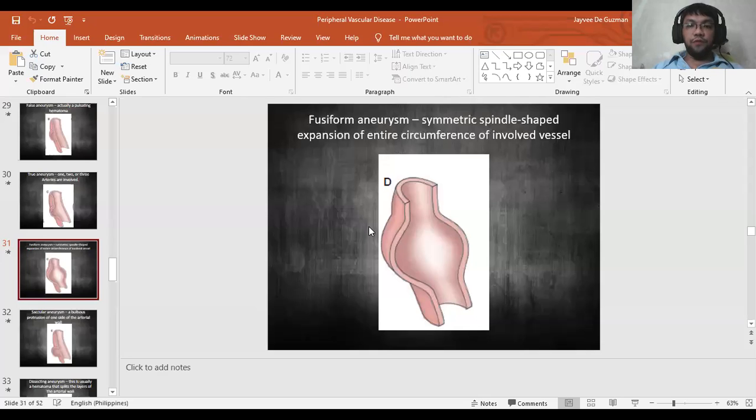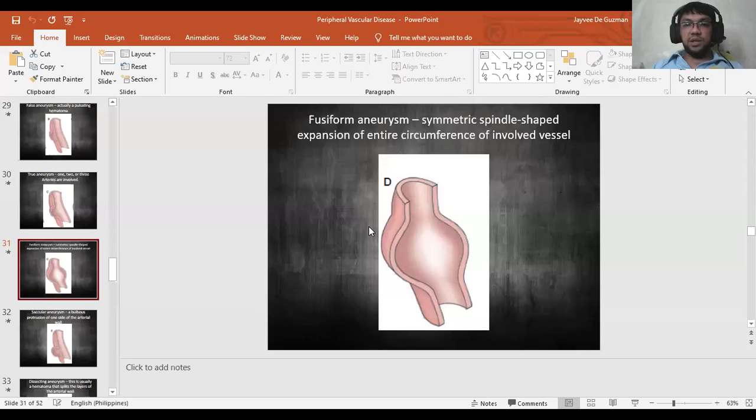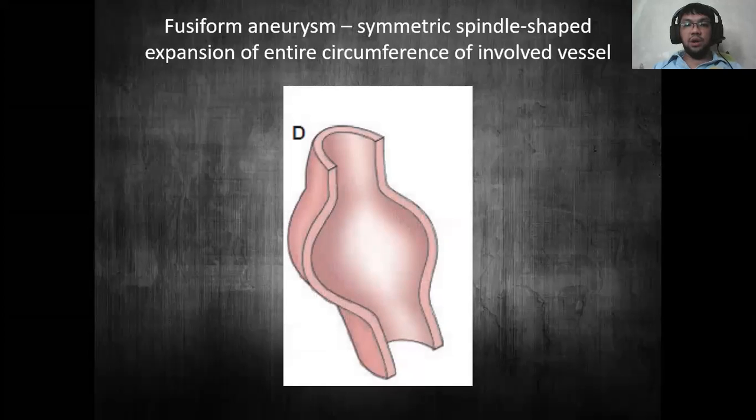For fusiform aneurysm, as you can see here, there is symmetric spindle-shaped expansion of the entire circumference. So both sides have that outpouching, a bulge, unlike that of the true aneurysm.